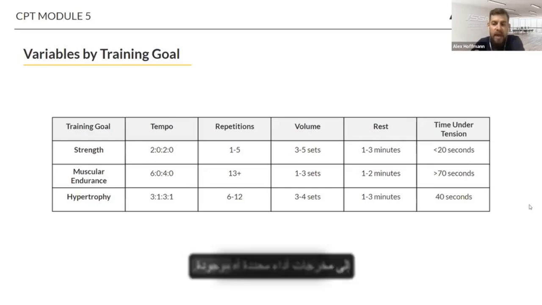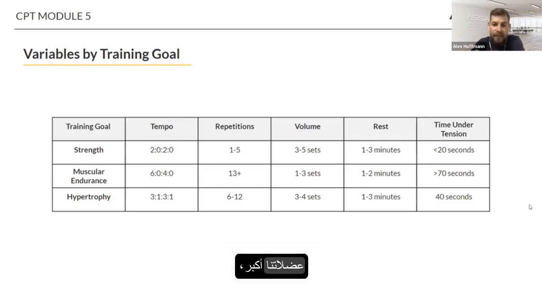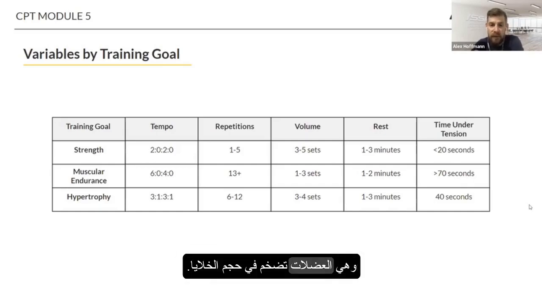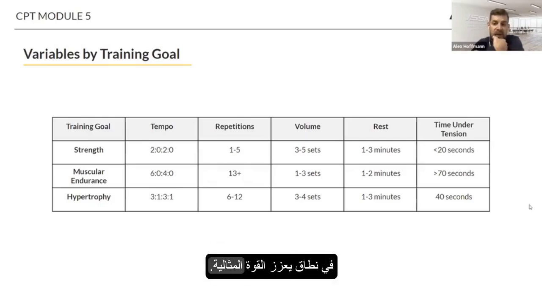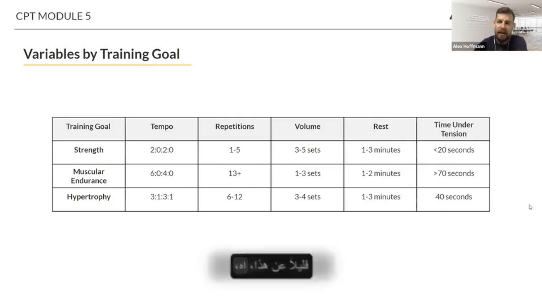But if we want to get our muscles bigger, we need to train at an intensity and volume that promotes muscle growth, which is muscle hypertrophy. If we want to improve our ability to produce maximal force, we need to work out in a range that promotes optimal strength, right? And if we want to gain endurance, we need to work out in the range that promotes optimal endurance. So we'll talk a little bit more about this tomorrow in greater detail as we're getting short on time.